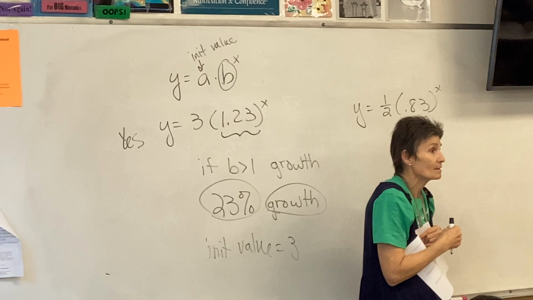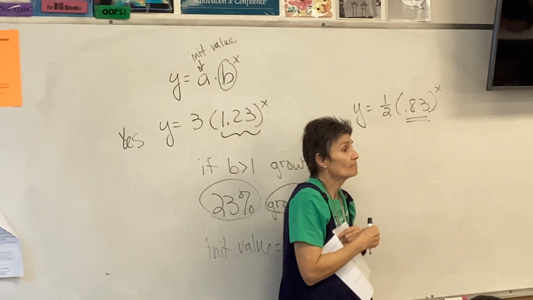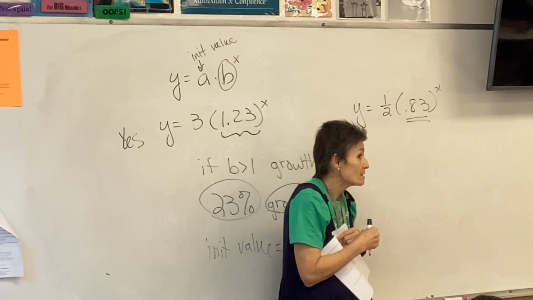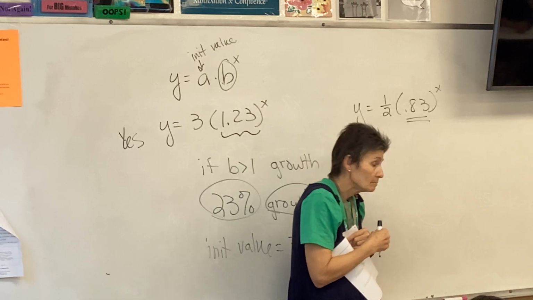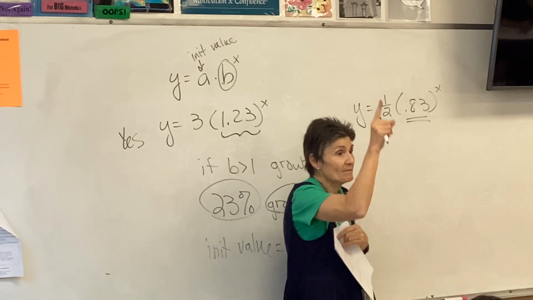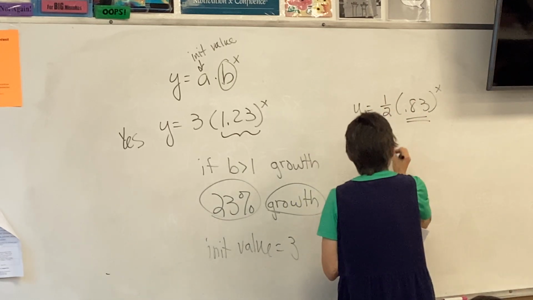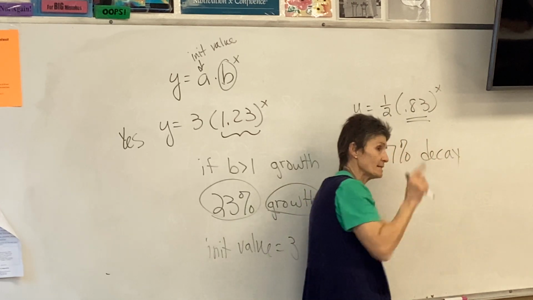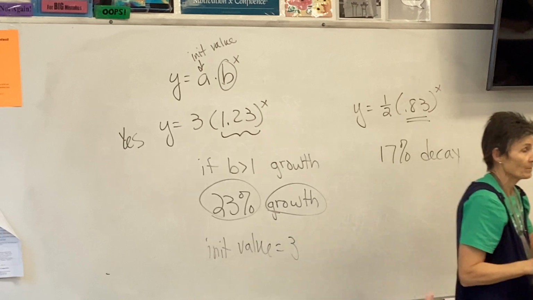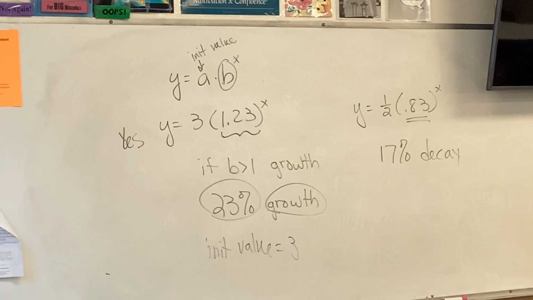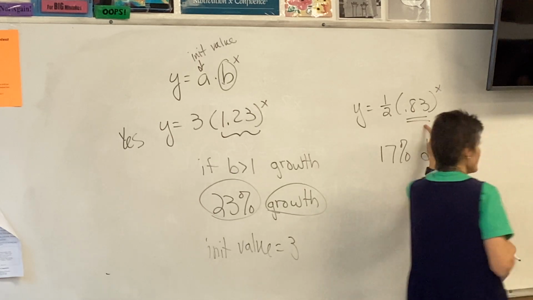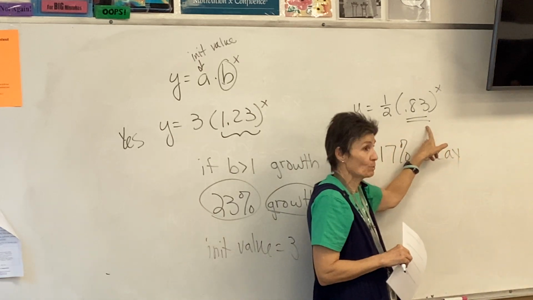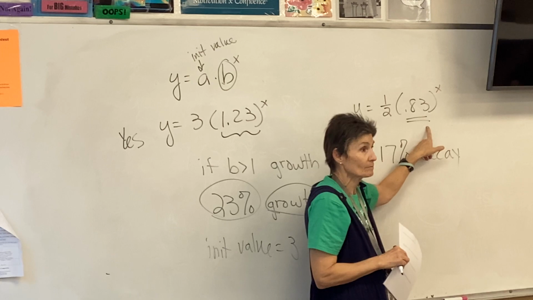Do we have to write down if it's exponential? Yes, just say yes or no. 17%, very good. This is 17% decay. Diego was listening to me when I said, your rate of growth or decay is how much more than 1 or less than 1 this number is.